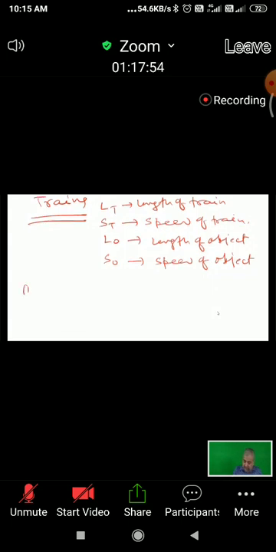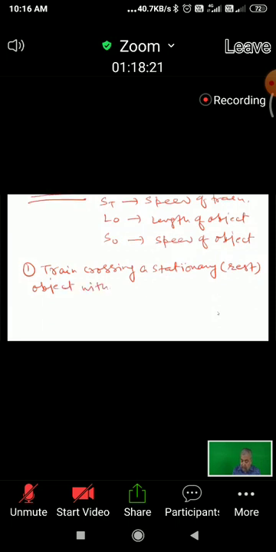Now the first case is a train crossing a stationary object without length. Stationary means at rest. Without length means negligible length in comparison to the train.